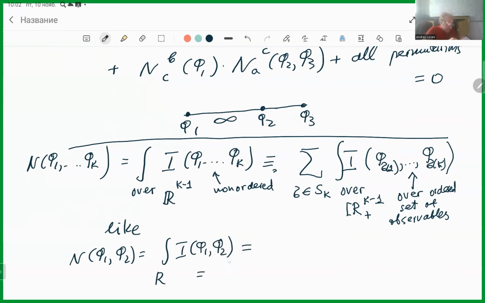That is the integral over R plus of I phi 1, phi 2, plus the integral over R plus of I phi 2, phi 1.